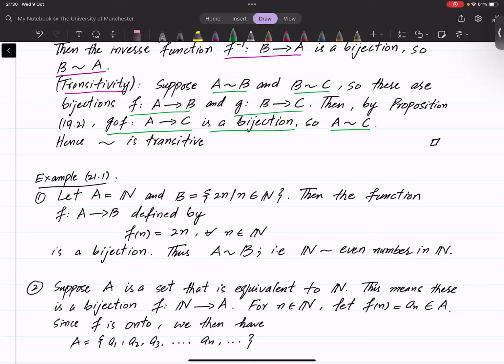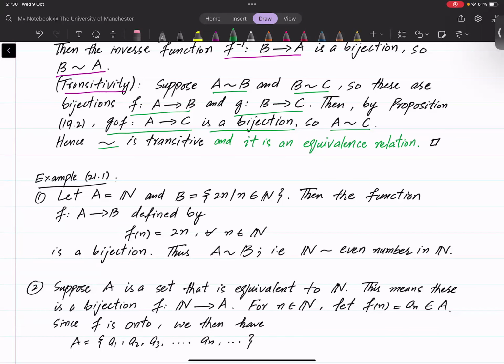Hence, in general, this relation is an equivalence relation.